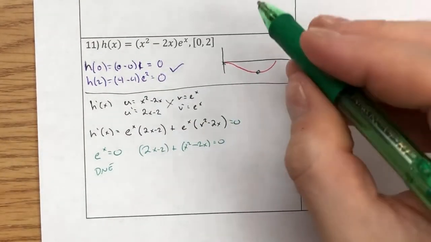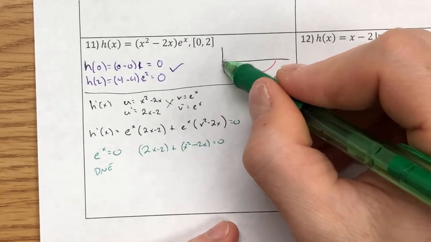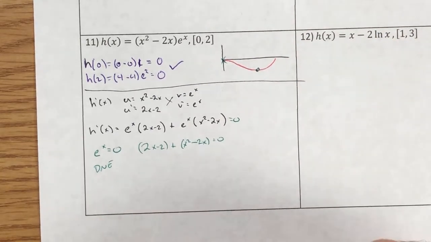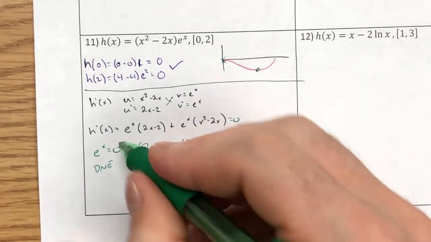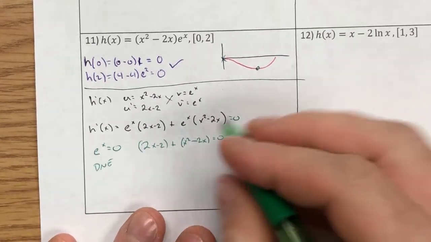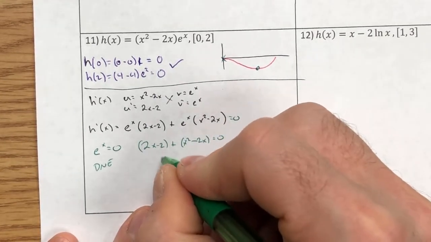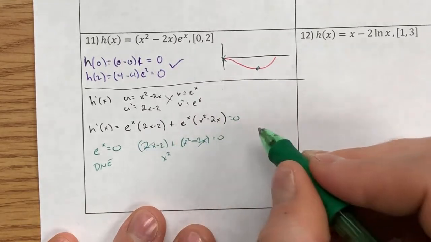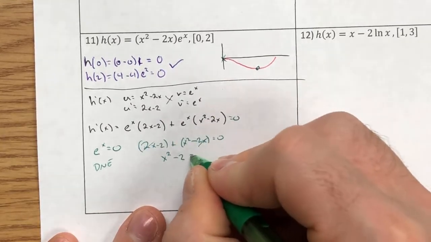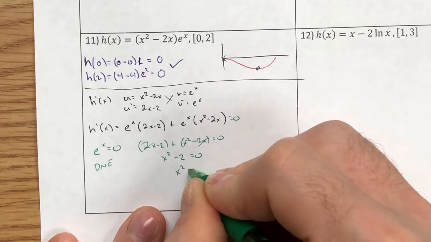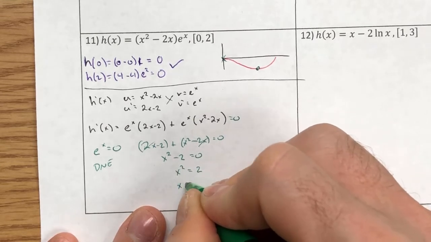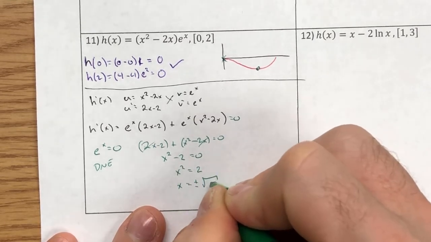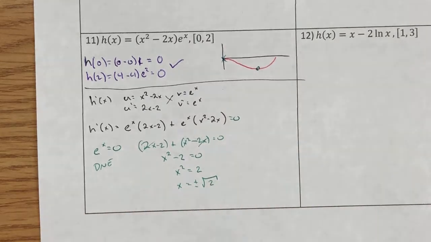Which means that we're probably looking at something that's right here. So no worries on that front. This one we're just going to go ahead and combine terms. So that'll give us an x squared plus 2x minus 2x, which in this case, we have a positive and negative 2.